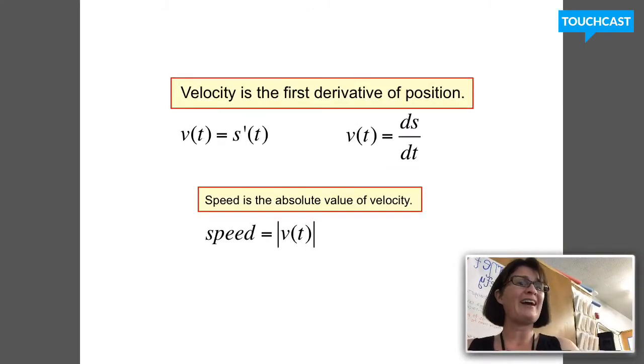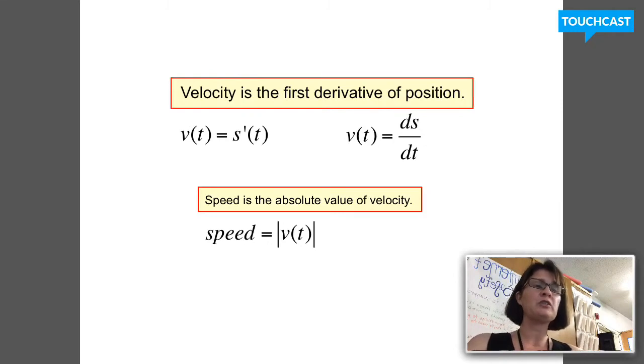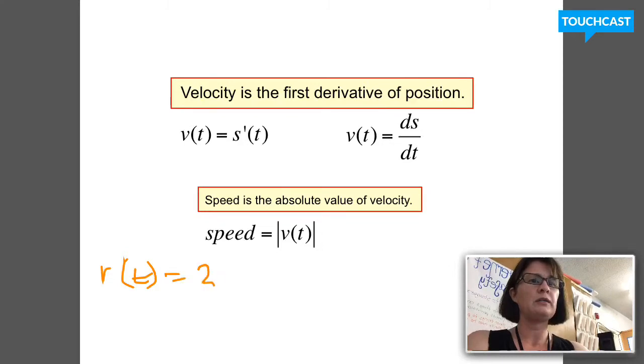I have a second important fact, and speed, just by definition, speed is equal to the absolute value of velocity. So we had a question in the example above, what is the speed of the car at time t equals 2? Well, we knew that v of t was equal to 2t minus 5. We've been asked what the speed is at time 2.